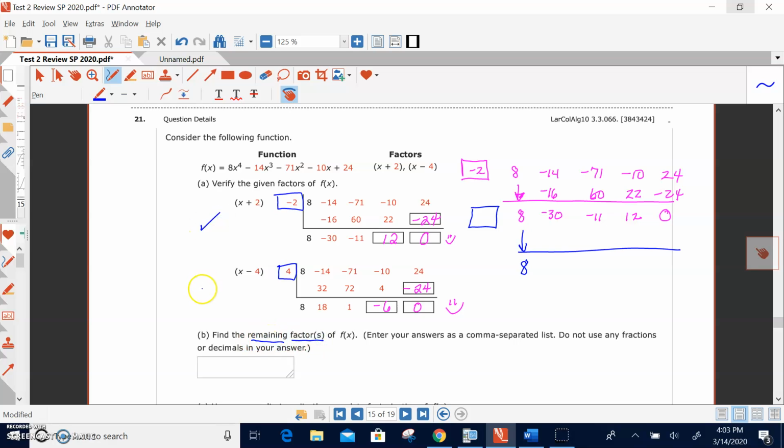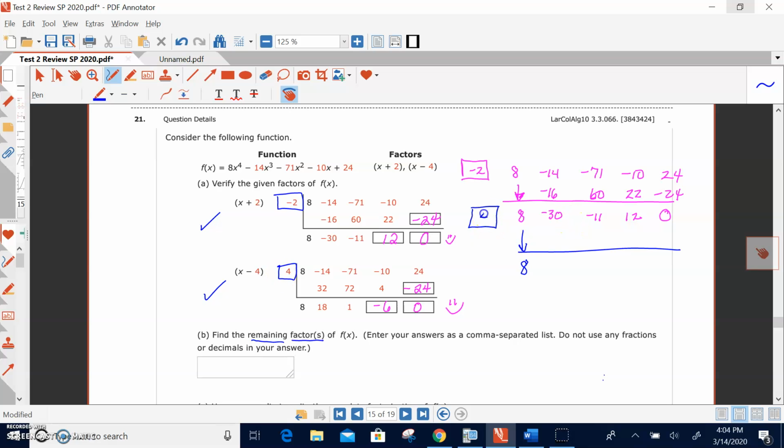So yes, I did prove that those two are factors, but by not doing repeated synthetic division, I can't get at the other two. So I came on the side here and rewrote this first synthetic division, dividing by the -2, but now I'm going to start the other synthetic division off of this result.